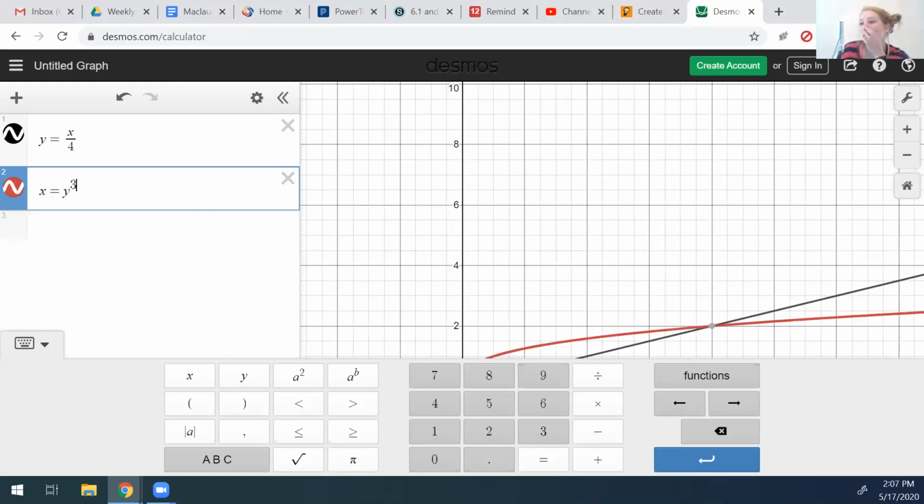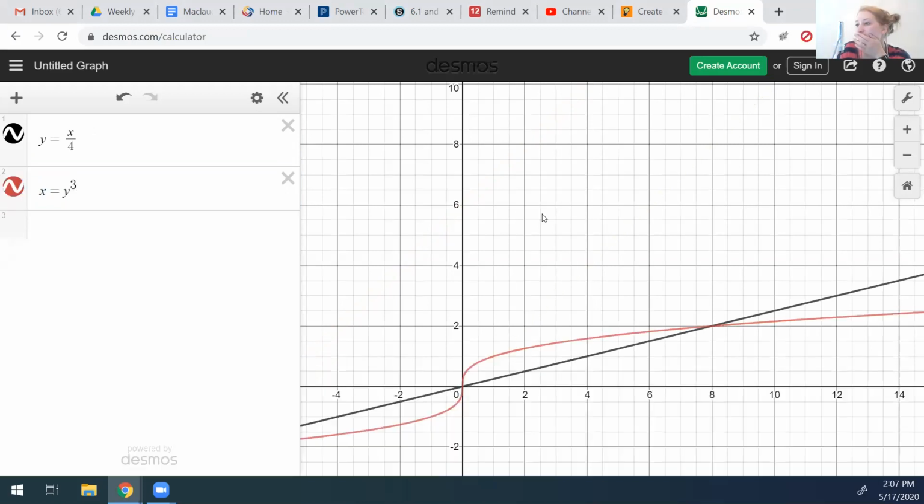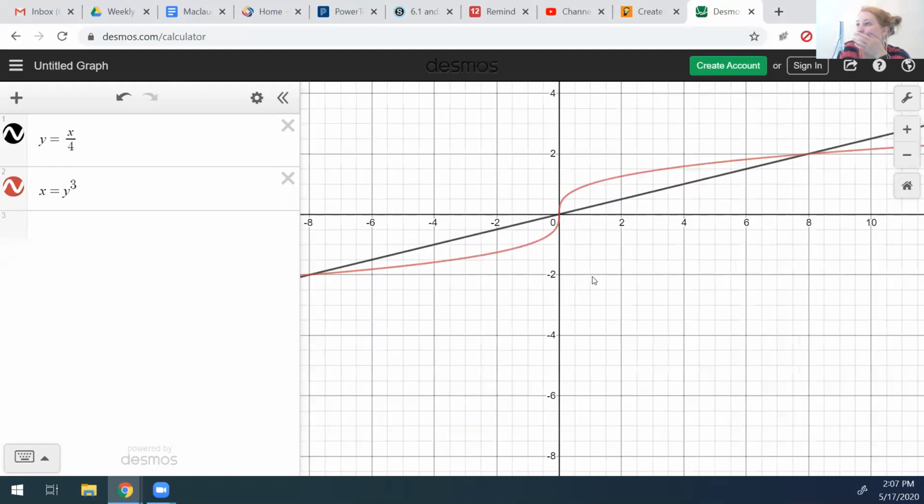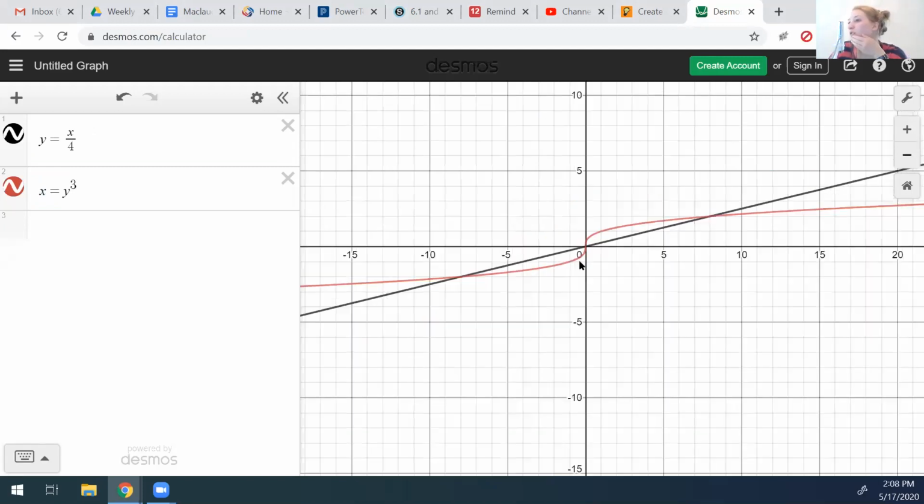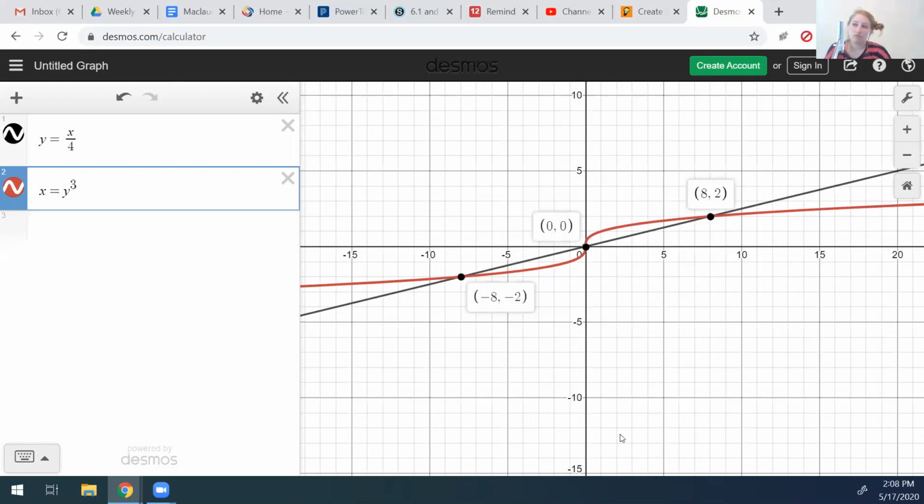Okay. So something really kind of cool is happening here, right? Look at this. It's kind of like a mirror image of each other, right? So what I want you to think back to is your symmetry, okay? So in essence, go back to, here we go.